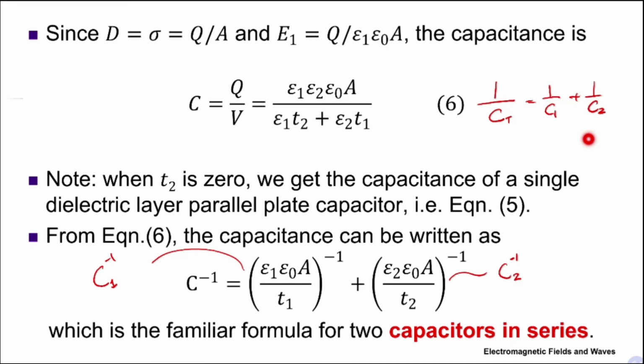And then C1 is the capacitance of the first layer, and C2 is the capacitance of the second layer. So what we have shown here is my capacitance, epsilon 1, epsilon 2, and this is my conducting plate.